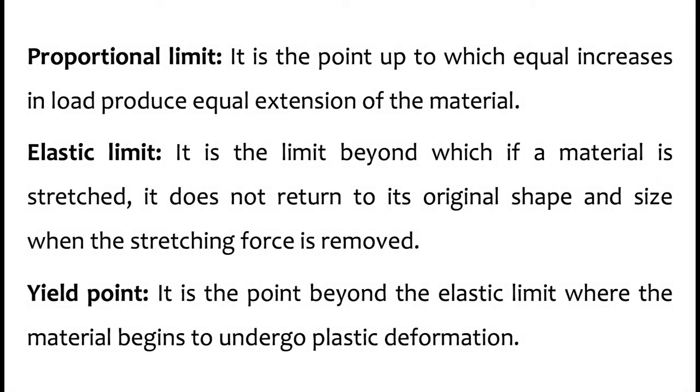Elastic limit, which is point B, is the limit beyond which if a material is stretched, it does not return to its original shape and size when the stretching force is removed.